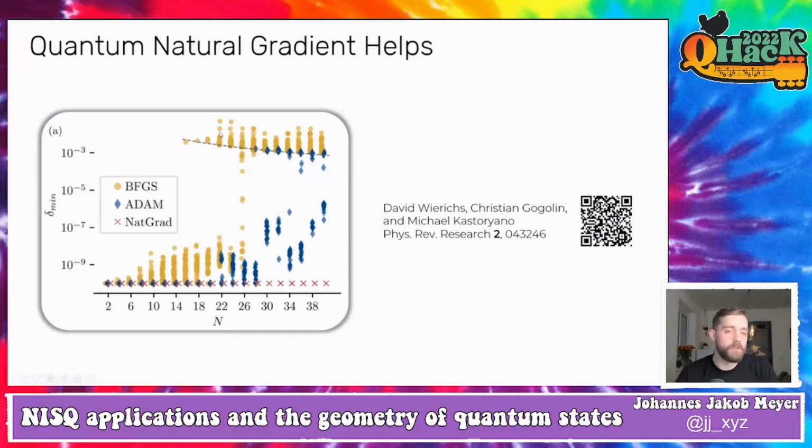They were only able to do this because they were looking at a free fermionic model, where you can push your simulations to 40 qubits without a supercomputer. What they observed is that quantum natural gradient consistently outperformed the other optimization methods, also because it took different optimization paths.